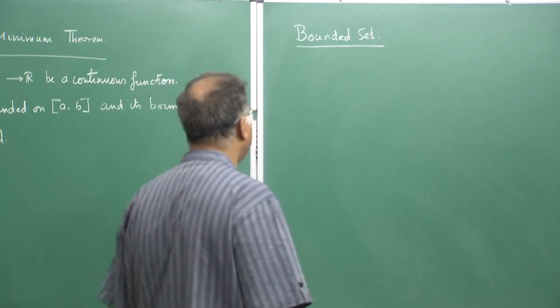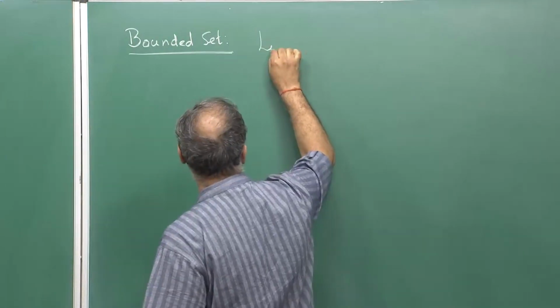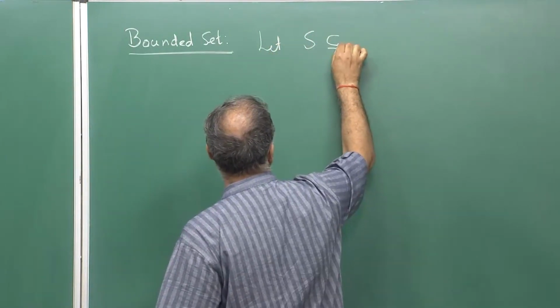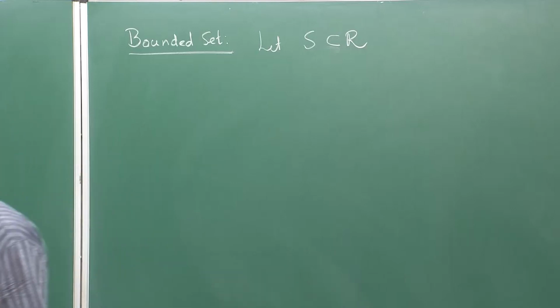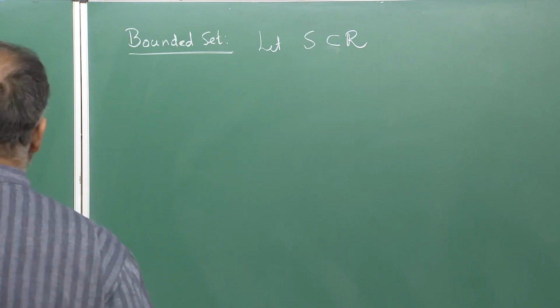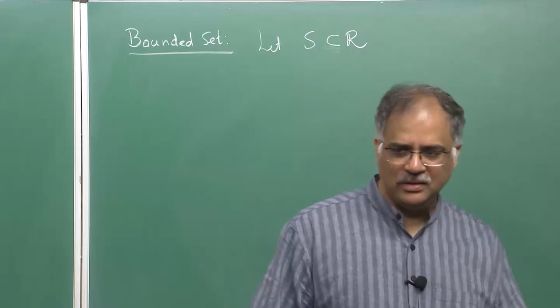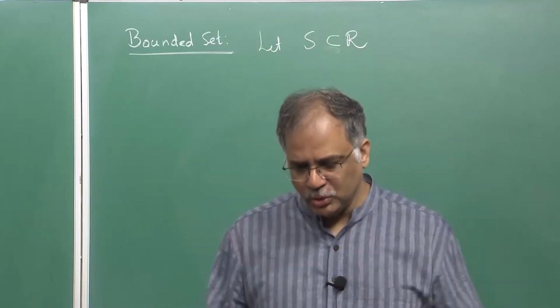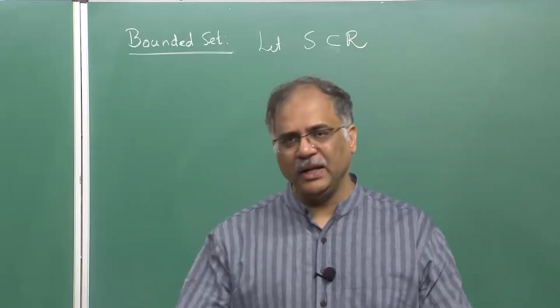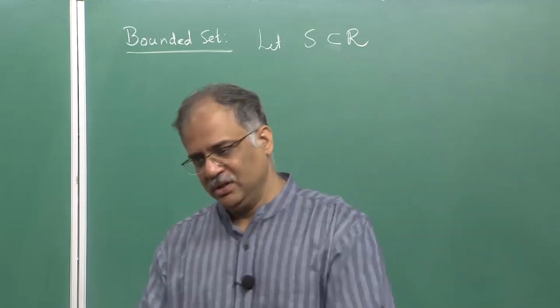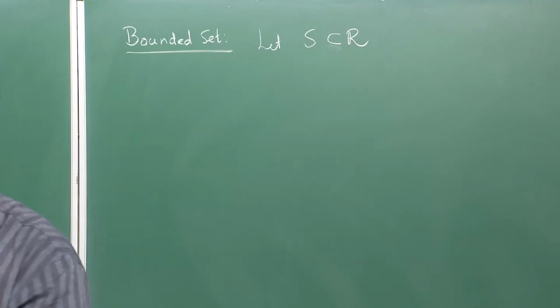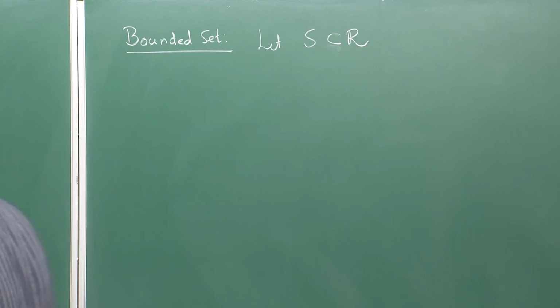So, we will take a subset S of R, a proper subset by the way, and I will call S bounded if I can find two real numbers, capital M and small m, such that whenever I take an x from S, x must be bigger than small m and less than capital M.